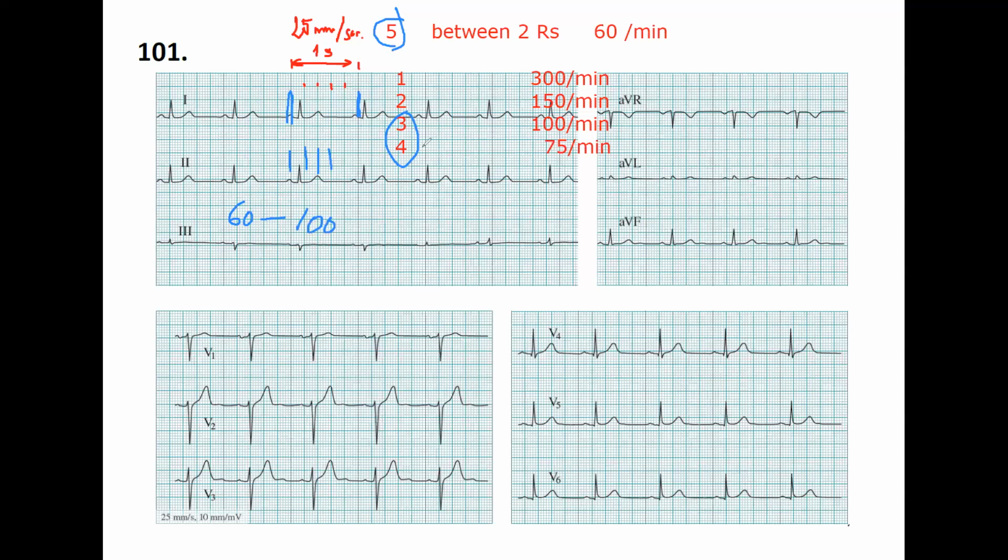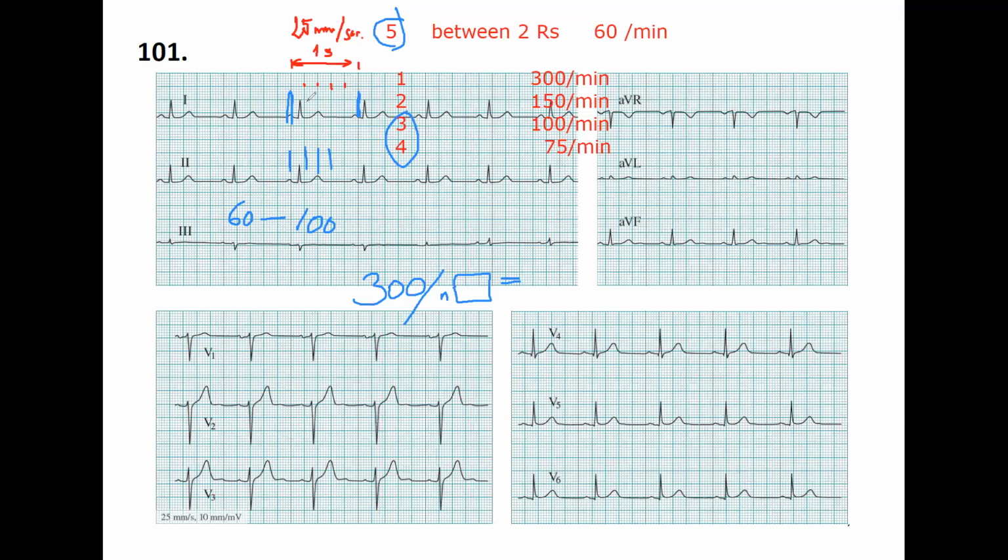Good. Now, based on this, the calculation is a simple one. The heart rate could be determined if you divide the 300 by the number of big squares. For example, in this case, if you follow it, 1, 2, 3, well, 1, 2, 3, 4, 5.